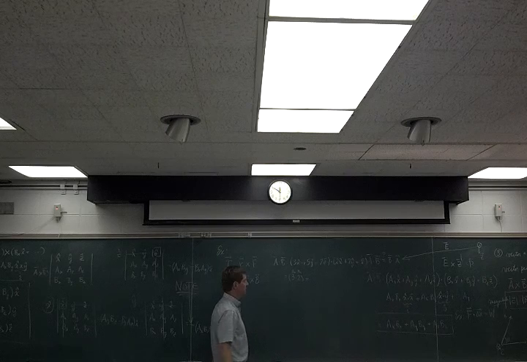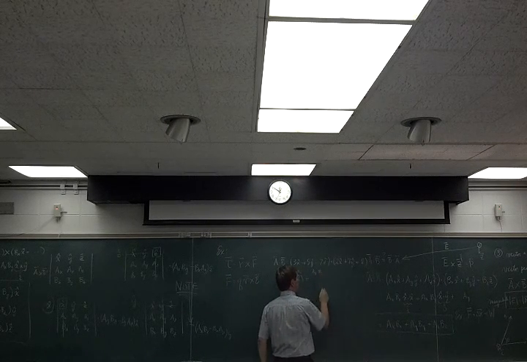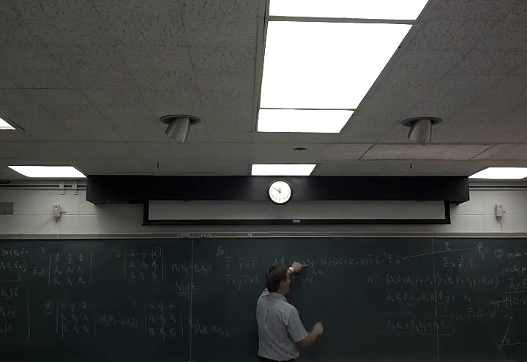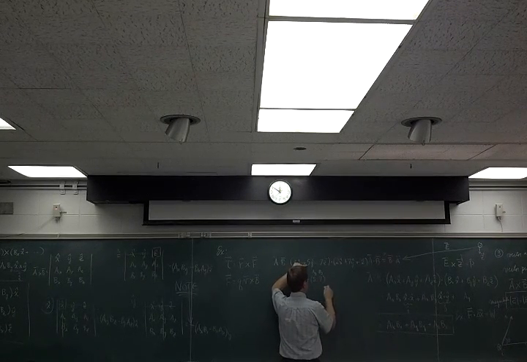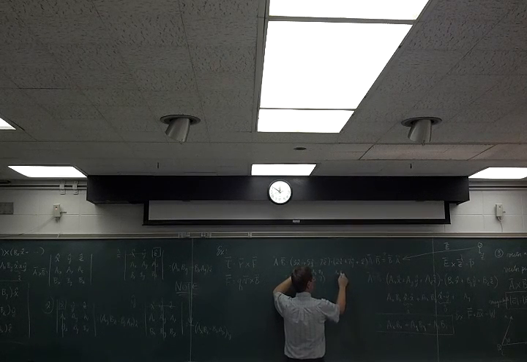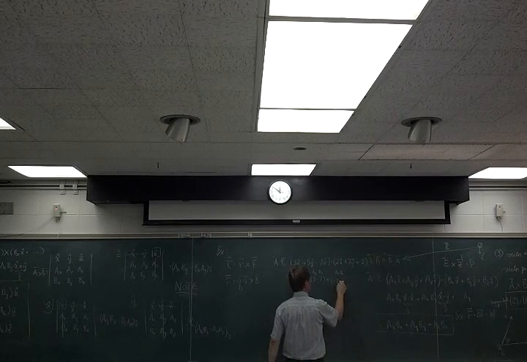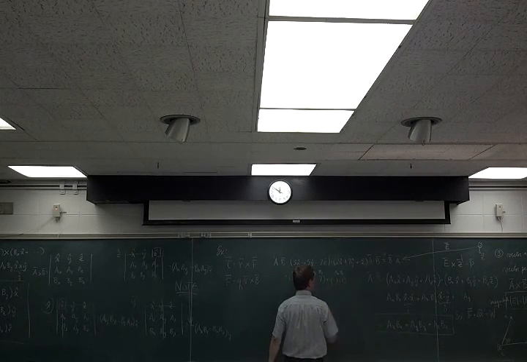So then the next one is going to be ay by. So this is going to be 5 times 7. And then lastly, we have az bz, so we have plus minus 7 times 1.